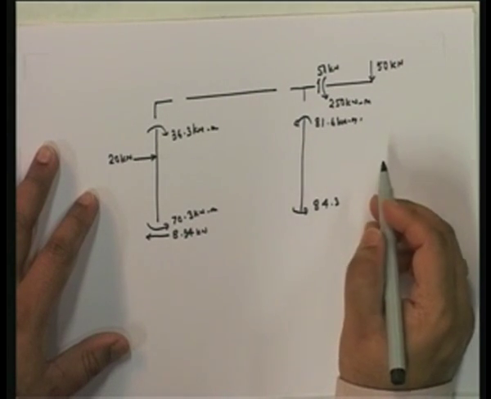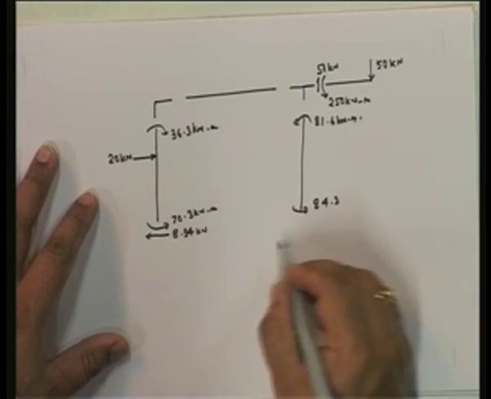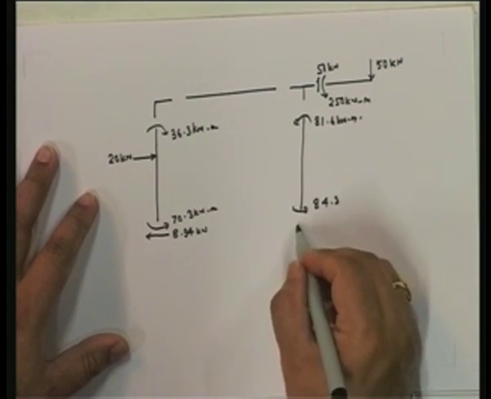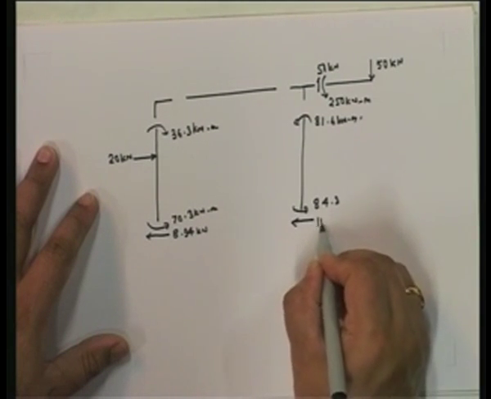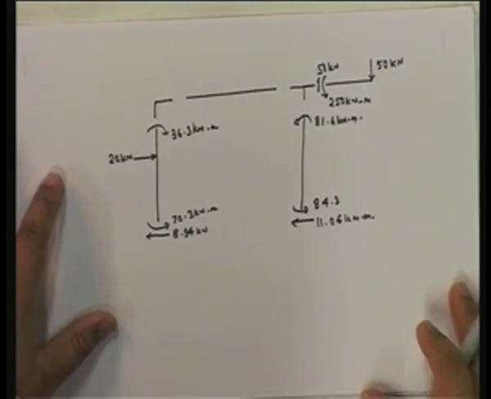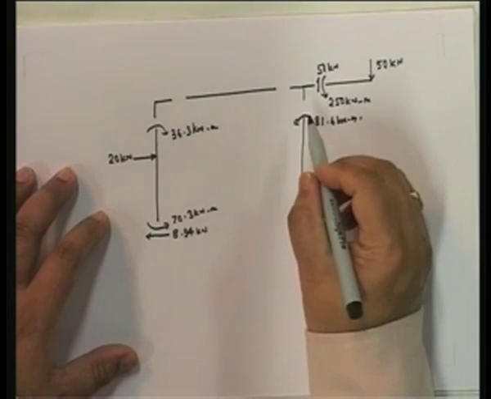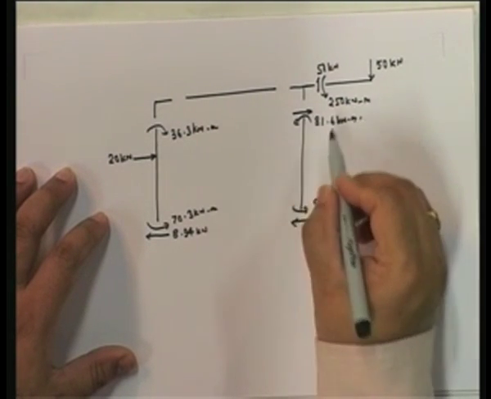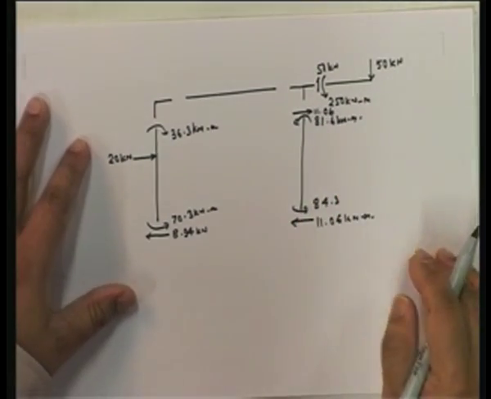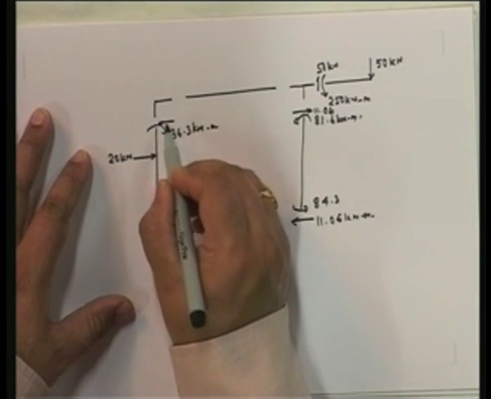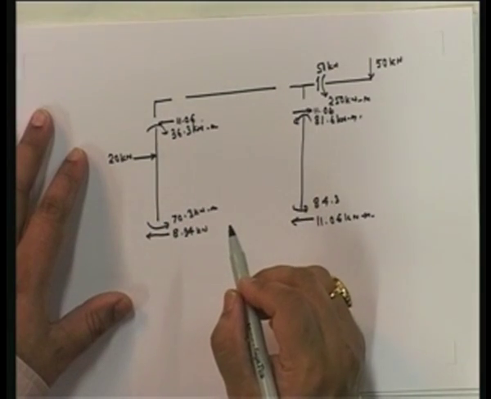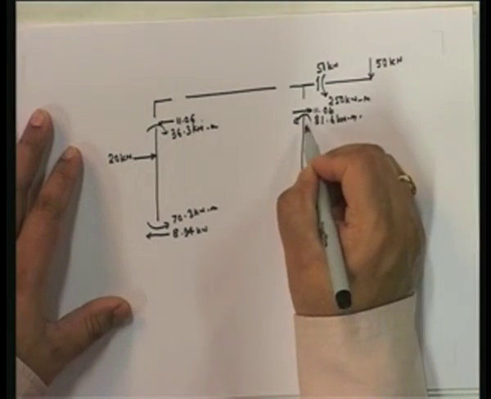So 160 divided by 15, 165.9 divided by 16, you get it equal to 11.06 kilonewton meter. Over here you will get 11.06, and over here 11.06.